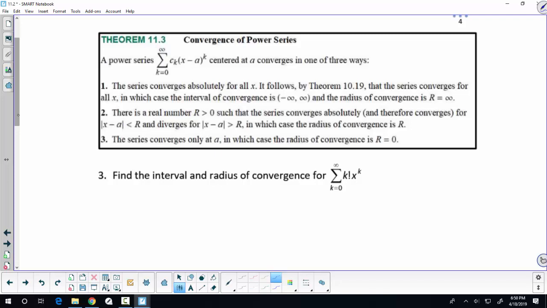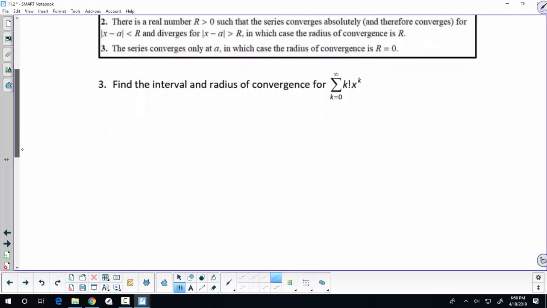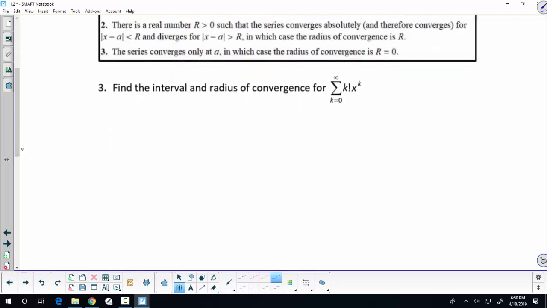Or it can converge only at a point, at a, its center, in which case the radius of convergence is 0. So those are the 3 ways a series can converge. We've seen an example of the first two. Let's look at example 3.